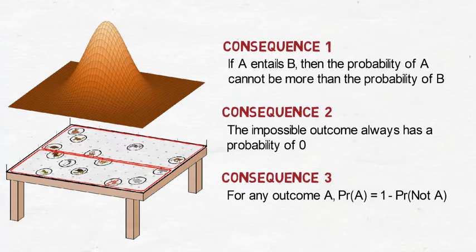Given this, if you've got, let's say, 20% of the mud over the A part of the table, it must therefore be the case that 80% of the mud is over the rest of the table, which of course represents the outcome not A.